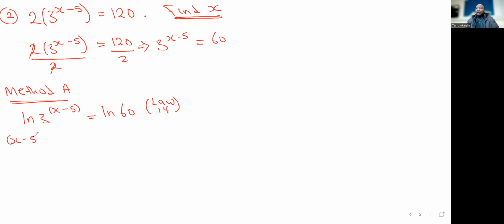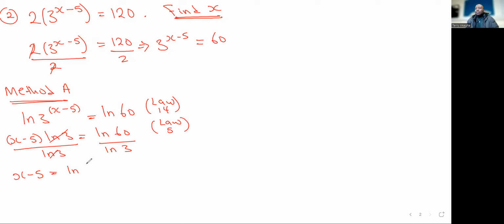So (x-5) ln 3 is equal to ln 60. This is law 5, so go to law 5 in the logarithm rules. Then when you've gotten here, you can divide both sides by ln 3. This is going to cancel that. So you have x minus 5 is equal to ln 60 over ln 3.